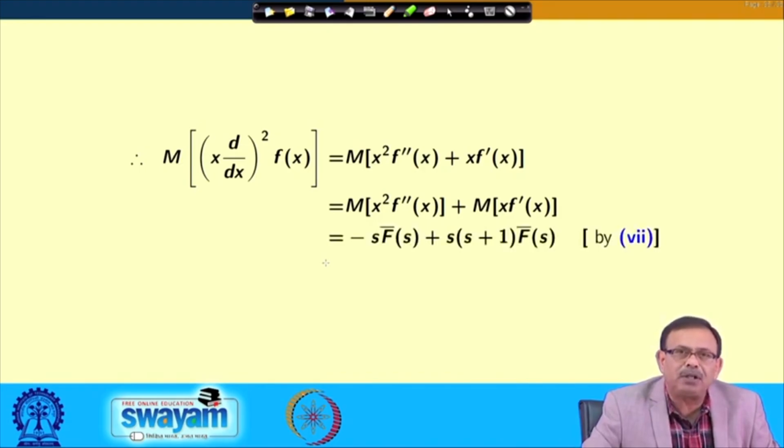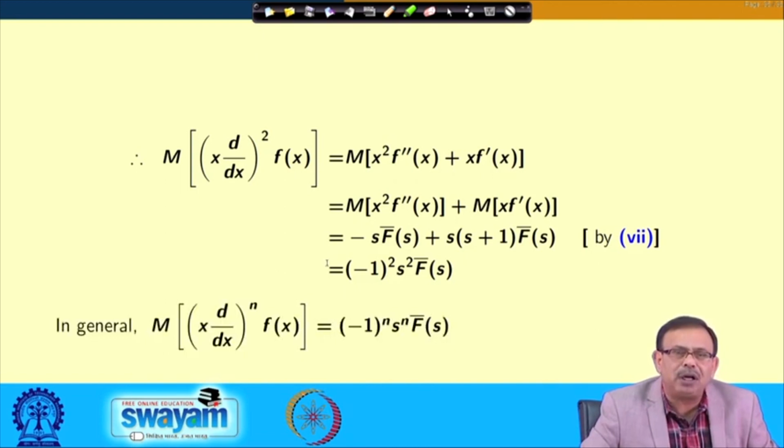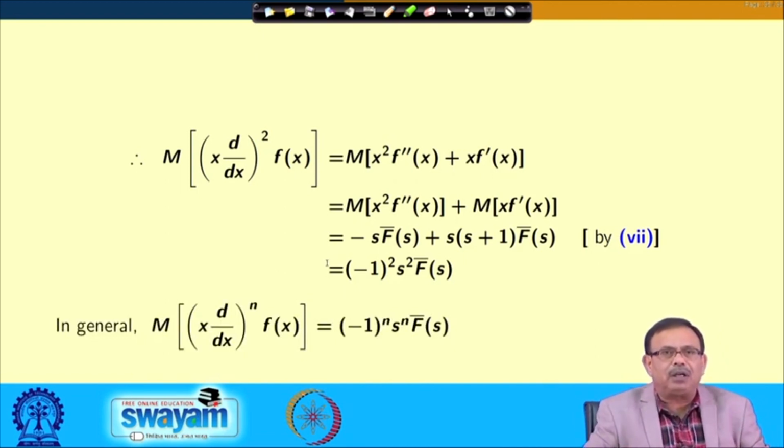By property 7, I can write it as minus s F bar s plus s into s plus 1 into F bar s. If you simplify it, it will become minus 1 whole square s square into F bar s. So, in general, you can tell that Mellin transform of x d dx whole to the power n f x equals minus 1 to the power n s to the power n F bar s. So, in general, I can tell this thing.